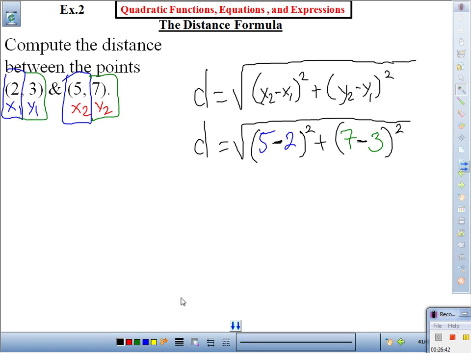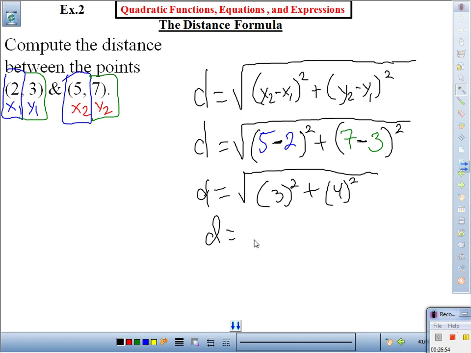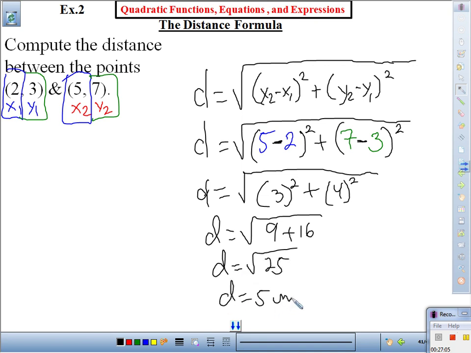And all we have to do is simplify. D equals square root. What is 5 minus 2? 3 squared plus 7 minus 3, that's 4 squared. D equals, what is 3 squared? 9 plus 16. What is 9 plus 16? 25. What is square root of 25? 5 units.